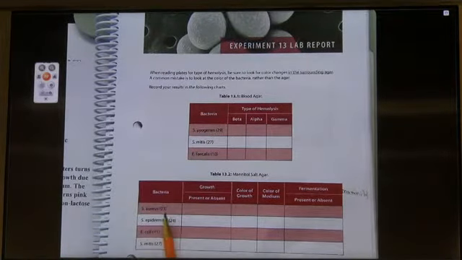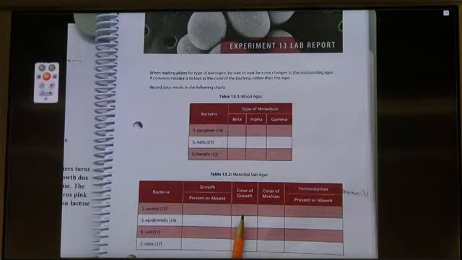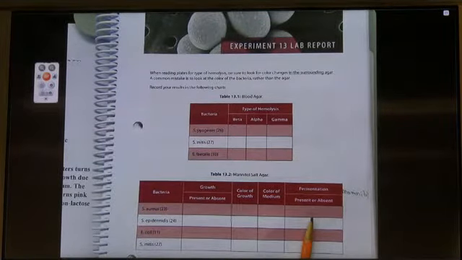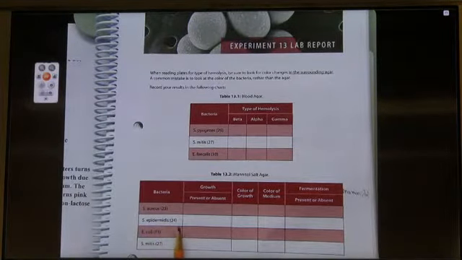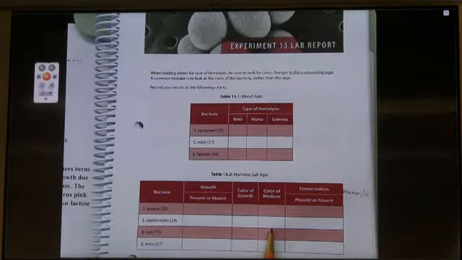Staphylococcus aureus, growth present, color of growth yellow, color of medium yellow, fermentation present. Okay. Staphylococcus epidermidis, growth present, color of growth white, color of medium pink or no change, pink, fermentation absent.